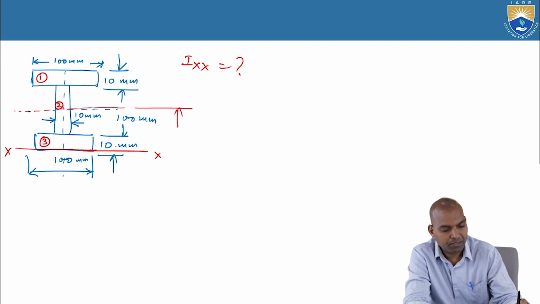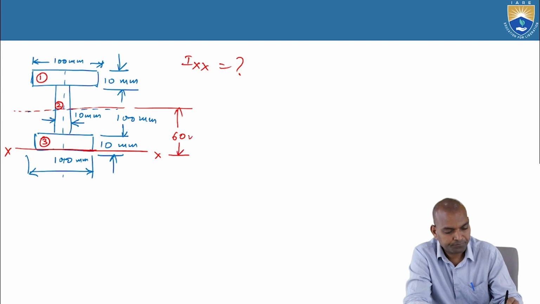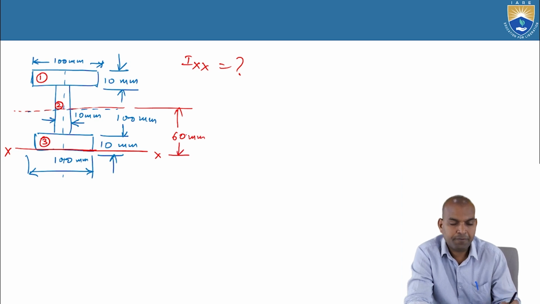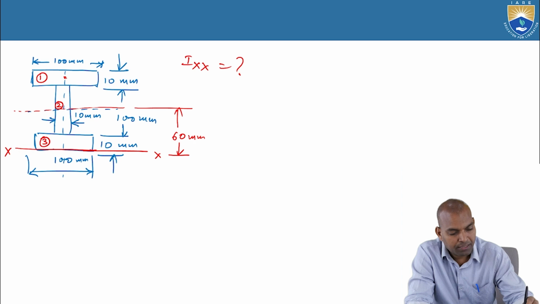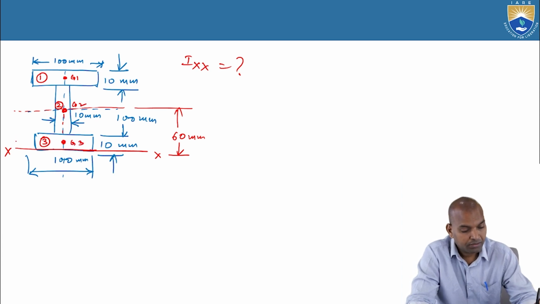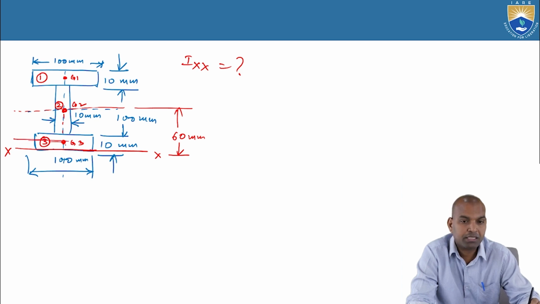What is the distance? 10 plus 100 by 2, that is 60 millimeters. Now here is the centroid of section 1, next the centroid of section 2, and here the centroid of section 3: small g1, g2, and g3. What is the y3 distance? 10 by 2, that is 5 millimeters.